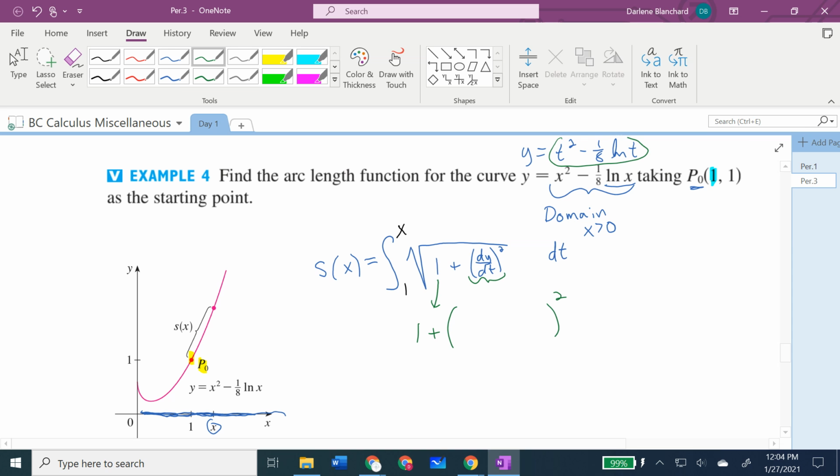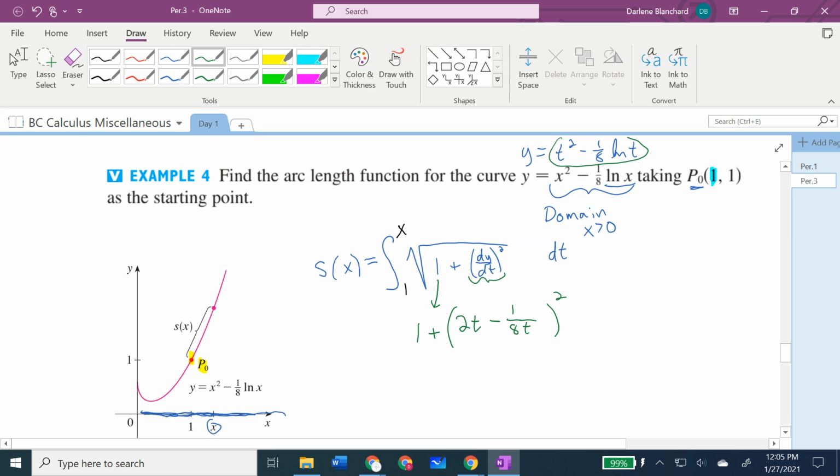The derivative with respect to t is 2t minus, and then I have 1/8, and the derivative of natural log t is 1 over t. And so now I have the expression for what is under the square root.